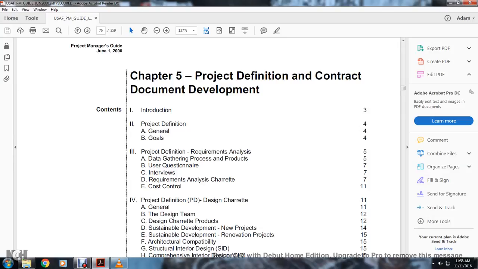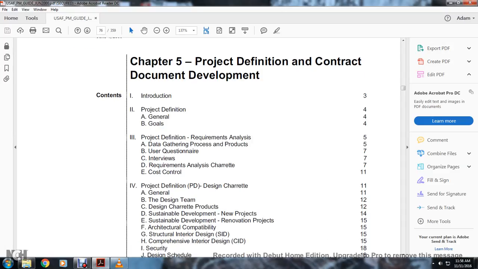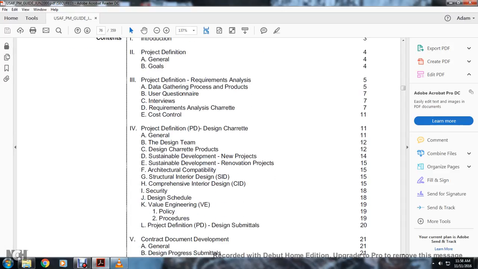All right, Chapter 5, Project Definition and Contract Document Development. Introduction, Project Definition, General Goals, Requirements Analysis, Data Gathering Process, Product User Questionnaire, Interviews, Project Definition Design Charette, General Design Team, Product Sustainment Development and New Project Sustainment Development, Architectural Compatibility, Structural Integrity, Comprehensive Interior Design, Security Design, Schedule, Value Engineering, Policy, Procedures.